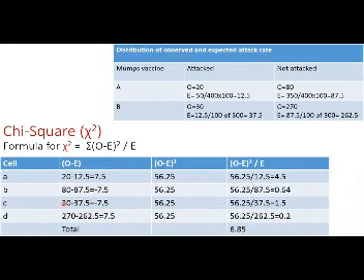For cell C, 30 is observed, while 37.5 is the expected. We calculate minus 7.5. For cell D, observed is 270 and expected is 262.5.